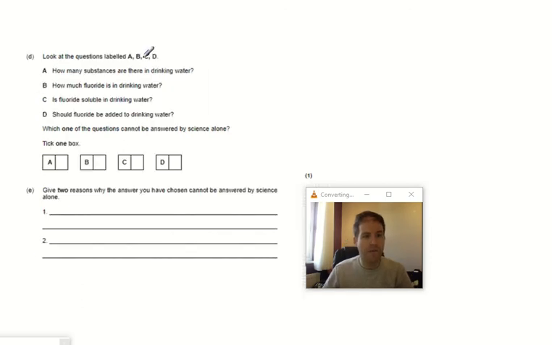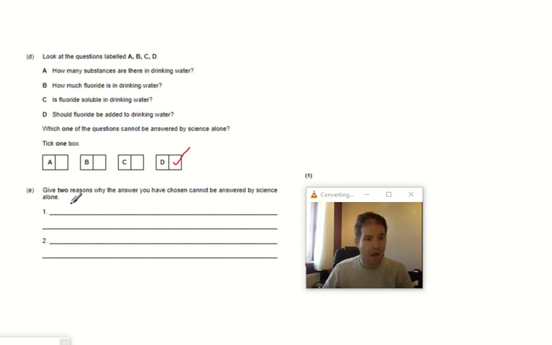Look at the questions labelled A, B, C, D. How many substances are in drinking water? How much fluoride is in drinking water? Is fluoride soluble in drinking water? Should fluoride be added to drinking water? Which of these questions cannot be answered by science alone? Should fluoride be added to drinking water? This one is not just about science, it's about people's opinions.